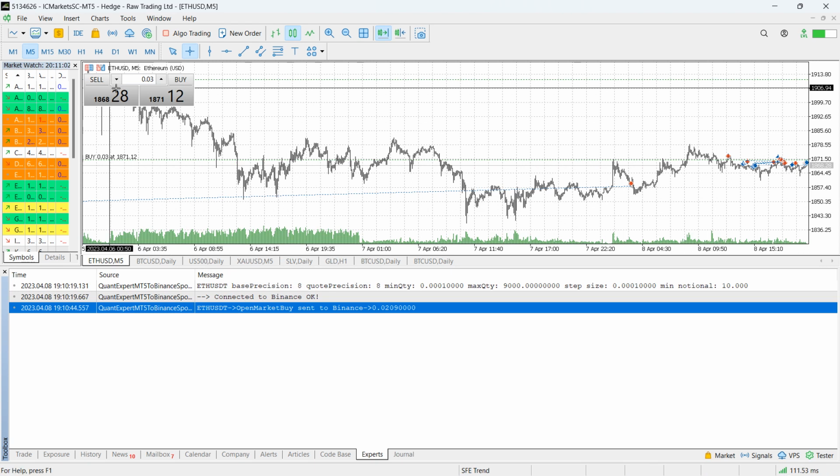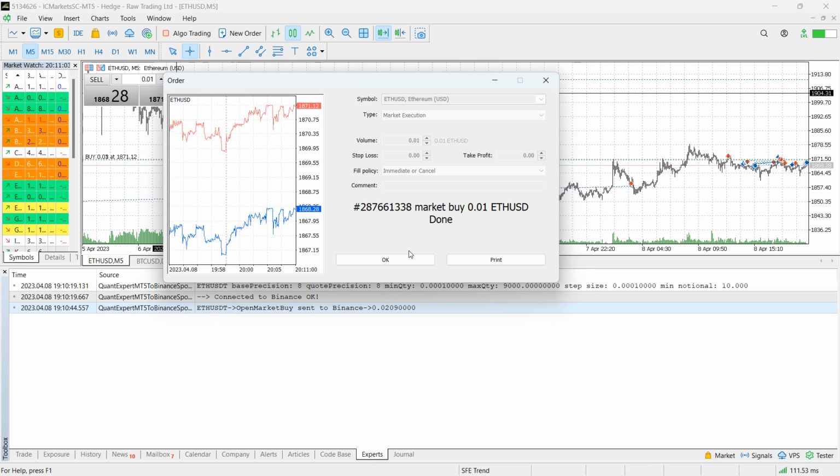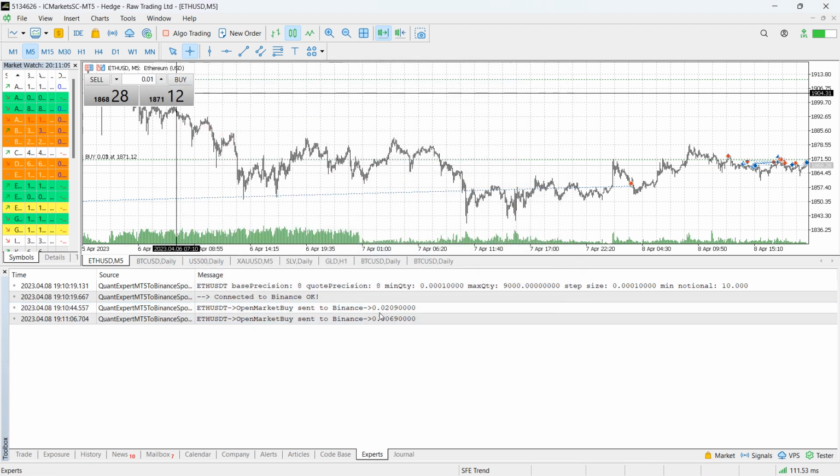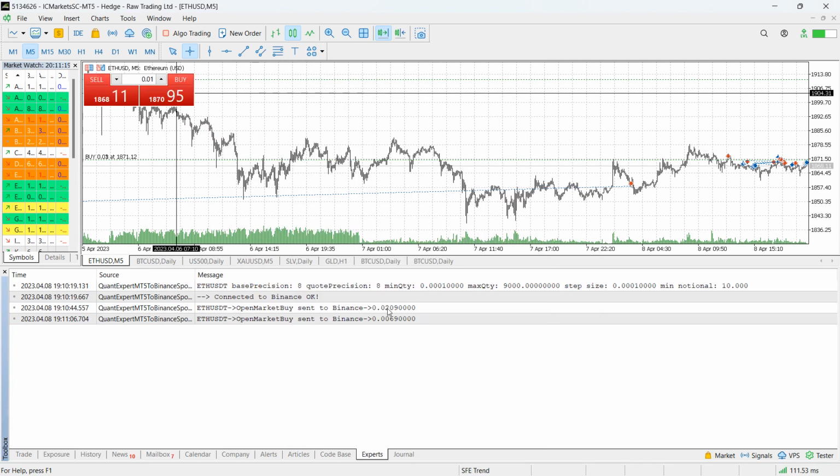For example, I'm going to open another. Okay. Now we have two trades open with that size, and in Binance we can see these two operations, these two trades.